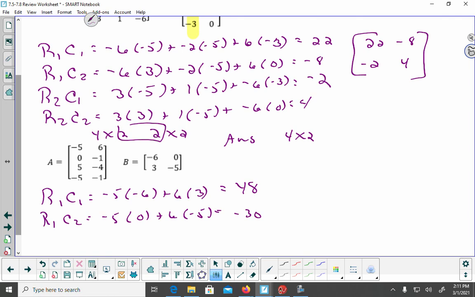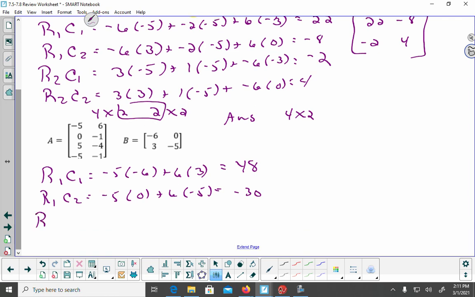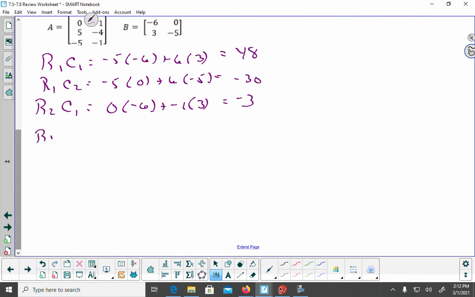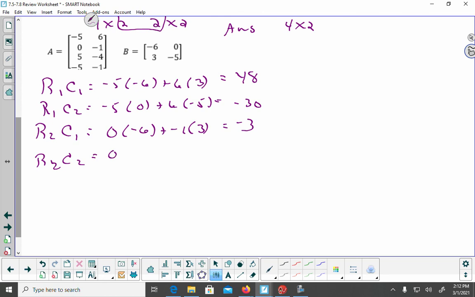Now row 1 has been multiplied by both columns, so I'm going to move down to row 2, column 1. So this is 0 times negative 6 plus negative 1 times 3, and I'm going to get an answer of negative 3. Row 2 times column 2 will be 0 times 0 plus negative 1 times negative 5, so that's 0 plus 5, and that'll be 5.